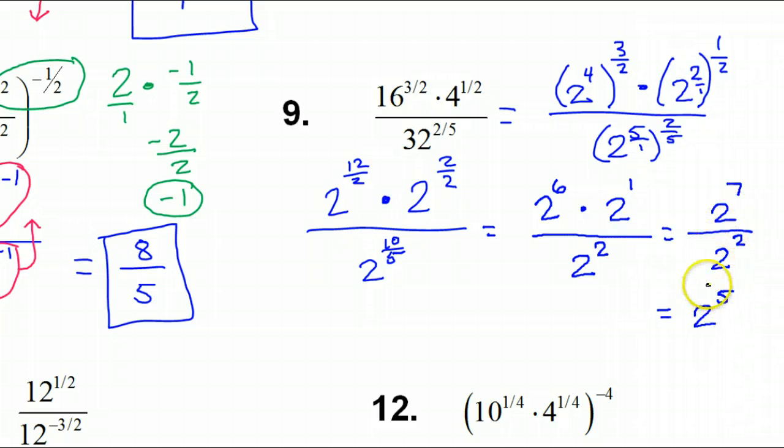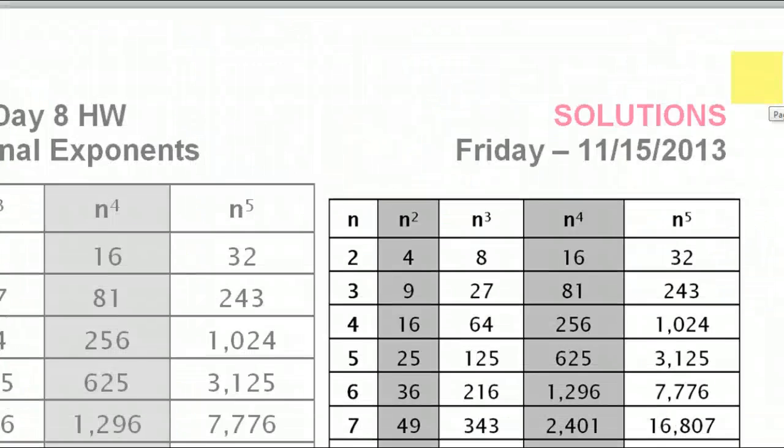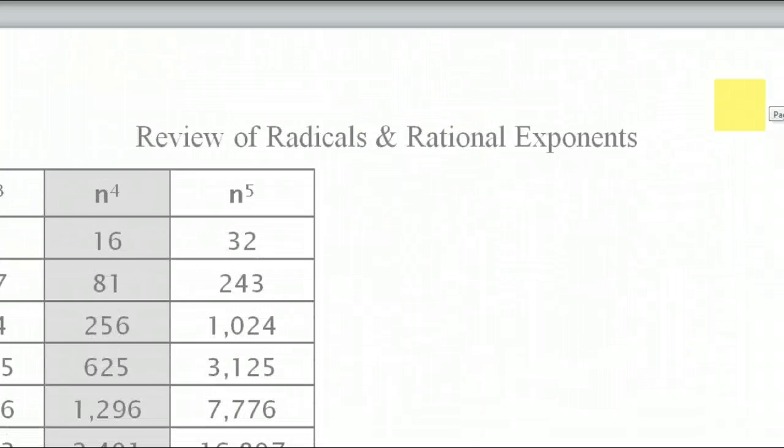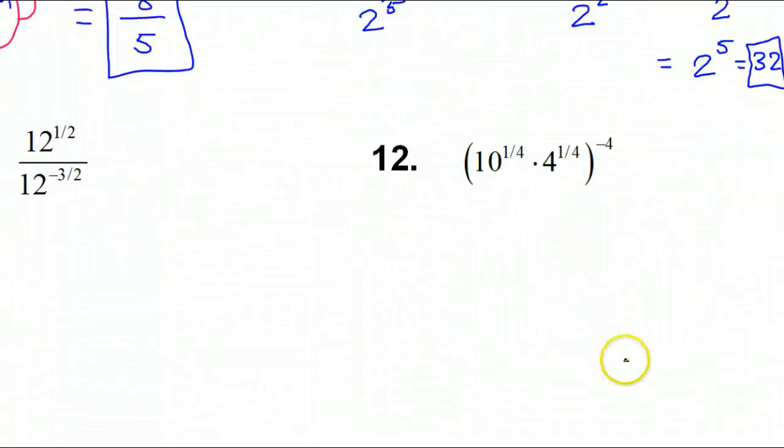Now, this is on the chart, so we know that 2 to the 5th power is 32. And that will be the final answer. All right, so that was number 9. Okay, so number 10.